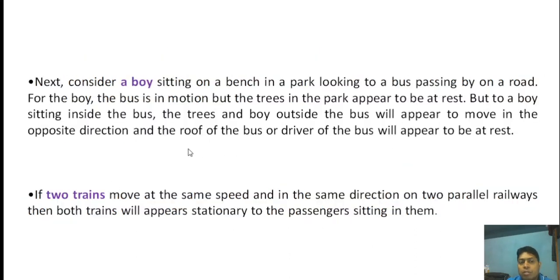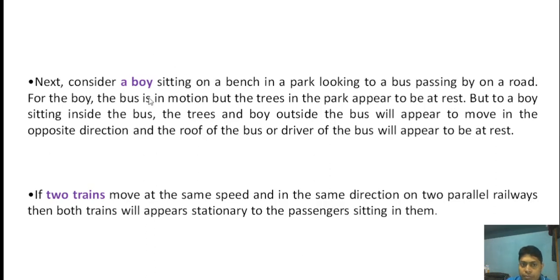Now next, consider a boy sitting on a bench in a park and looking at a bus passing by on a road. For the boy, the bus is in motion, but the trees in the park appear to be at rest.